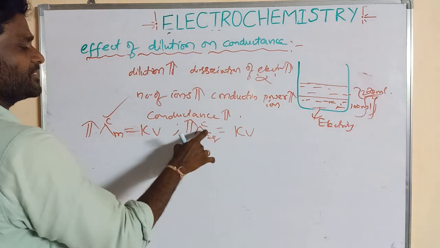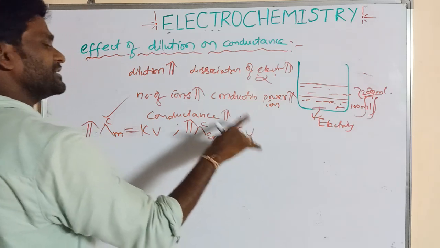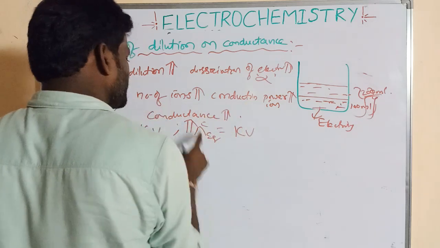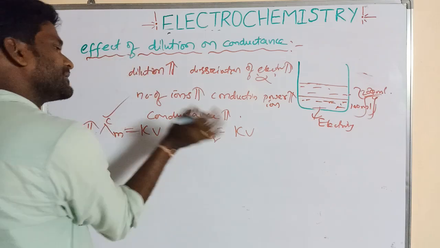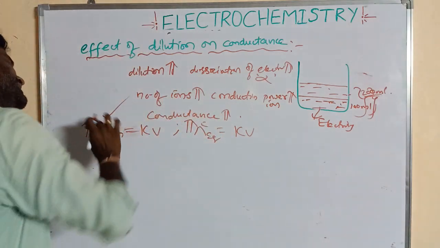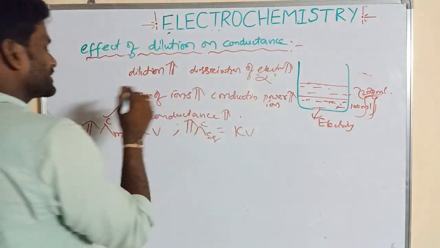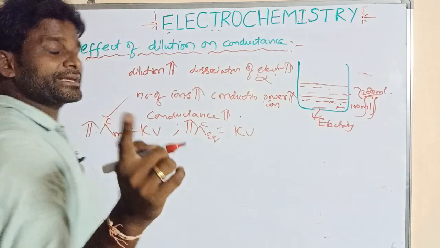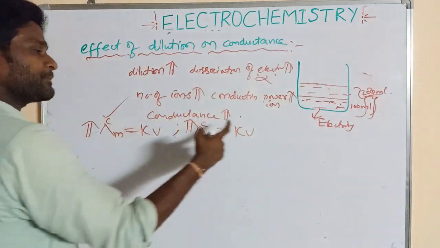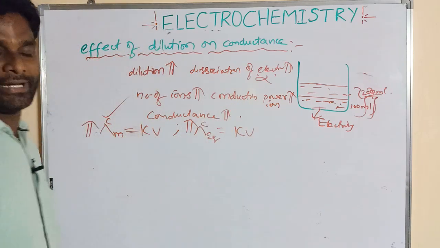Directly proportional. Here, lambda equivalent and V are also present in directly proportional relation, right. That means if the conductance increases, molar conductivity and equivalent conductivity also increase. Due to that, molar conductivity and equivalent conductivity are in directly proportional relation with volume, right?